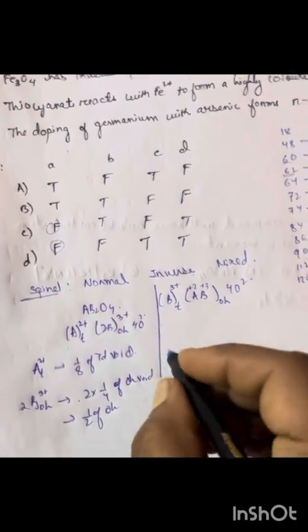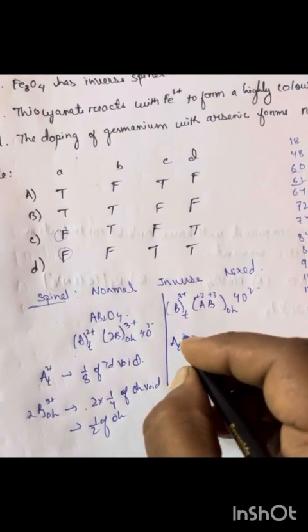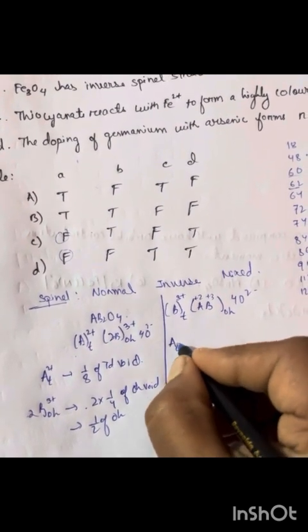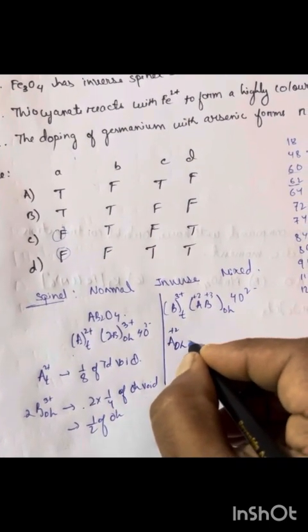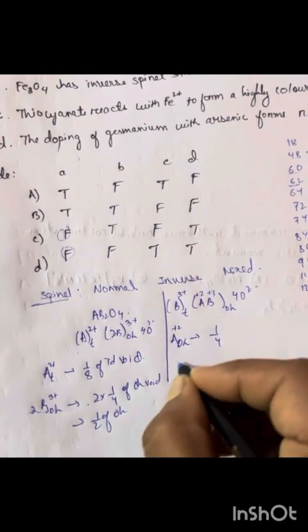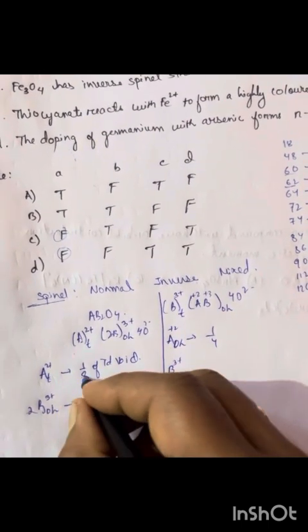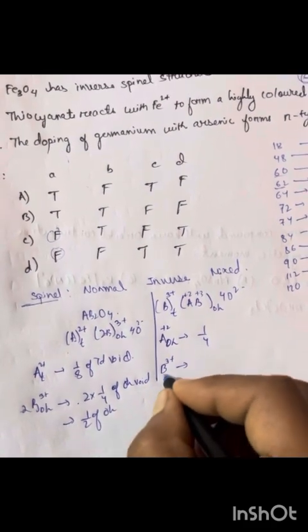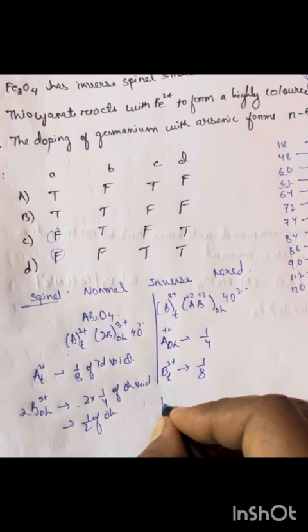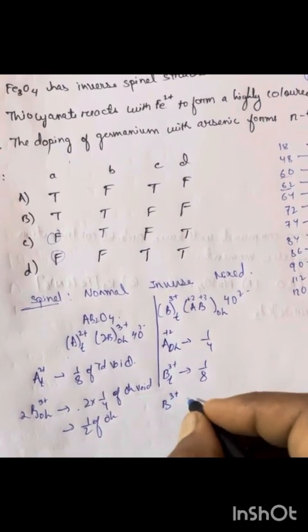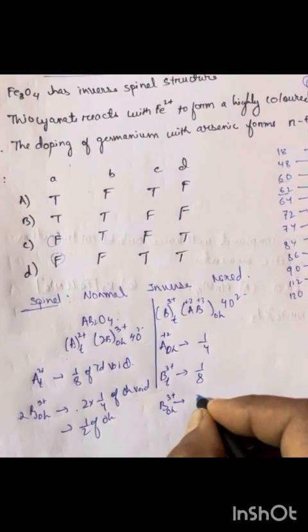This is important. For inverse, A 2 plus in octahedral gives 1 by 4, as we just got. B 3 plus in tetrahedral gives 1 by 8, and one more B 3 plus in octahedral gives 1 by 4.